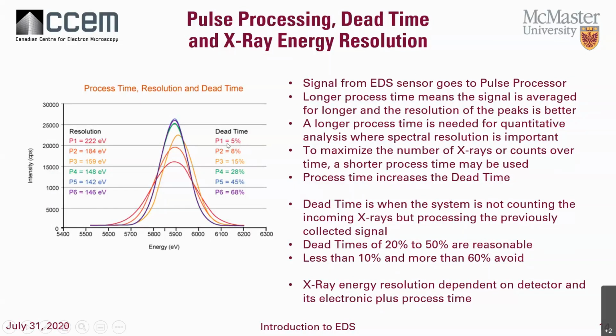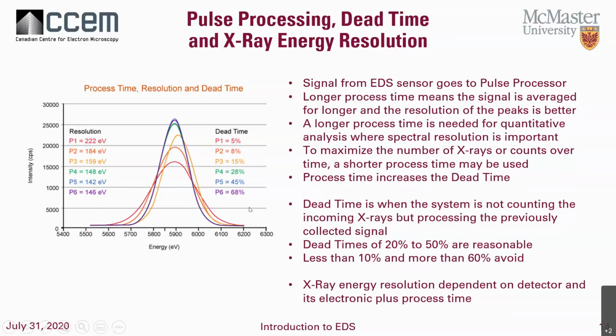It's not a set time. You see it's numbered basically from 1 to 6. With longer processing times, we get better resolution of peaks because they're averaged longer. It also improves our resolution, but we get a higher dead time.